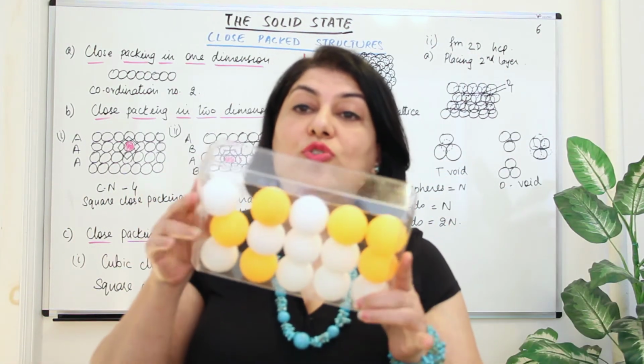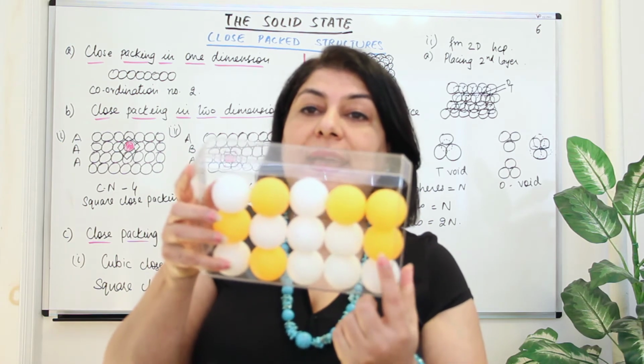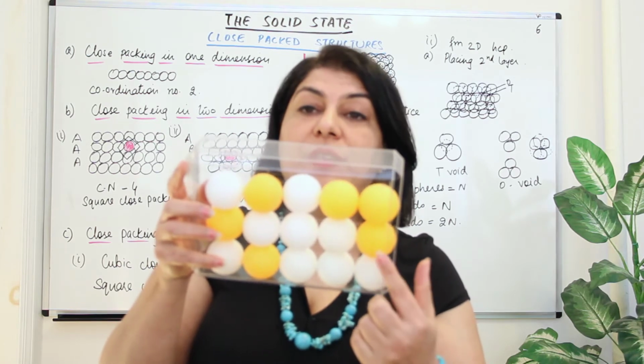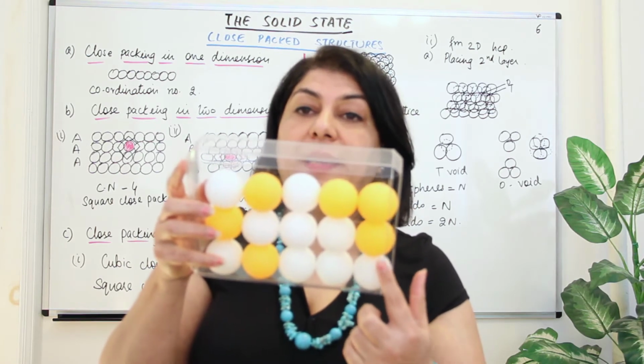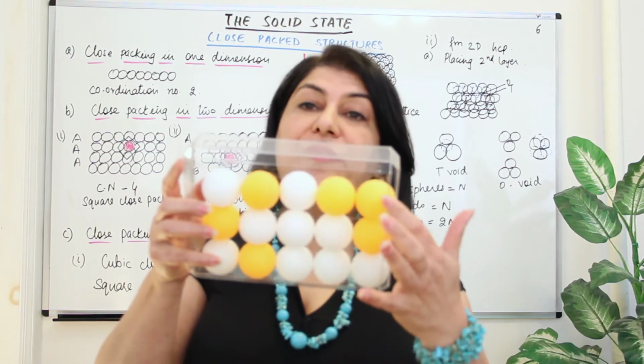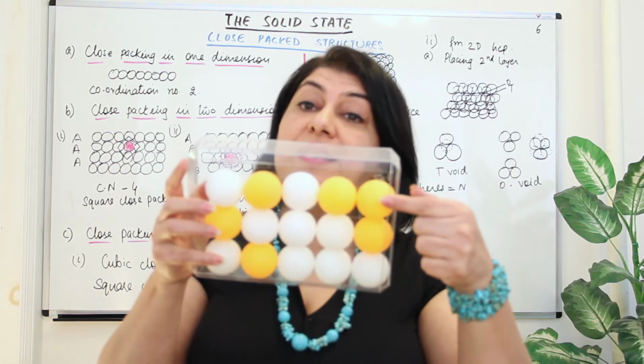In square close packing, the first ball of the second layer or line is directly above the first ball of the lower line. The first ball of the third line is also directly above the first ball of the second line.